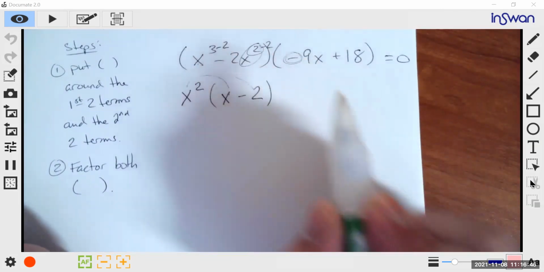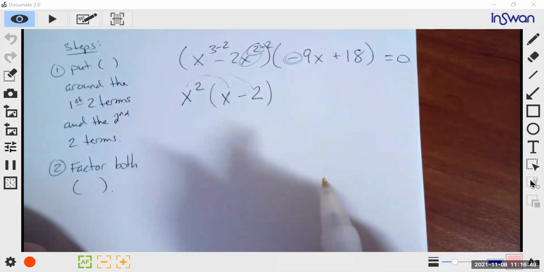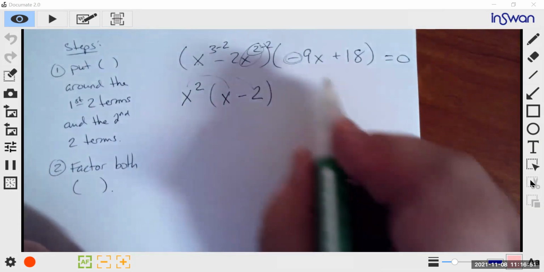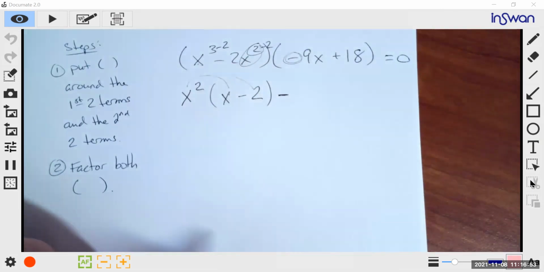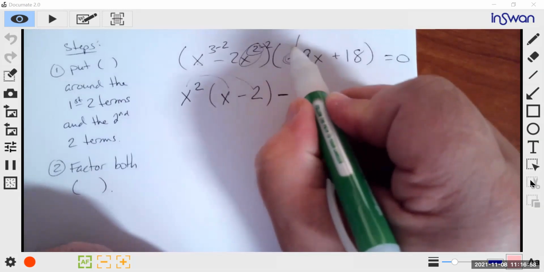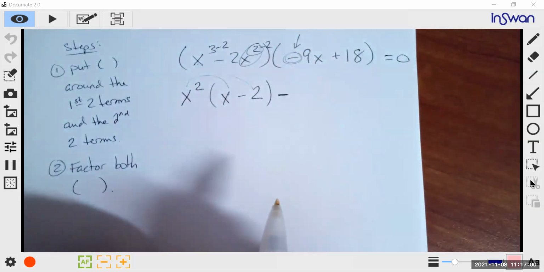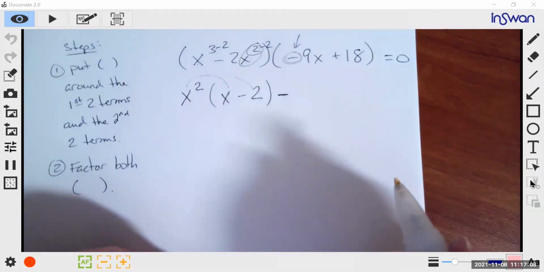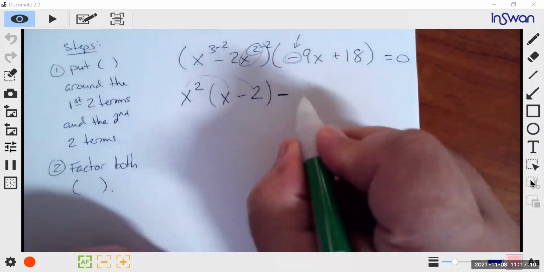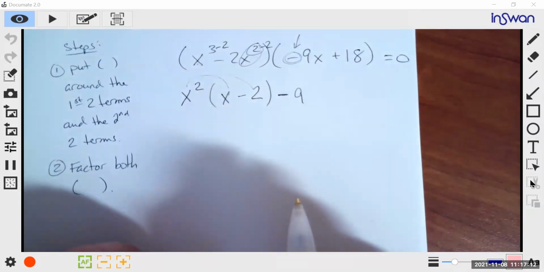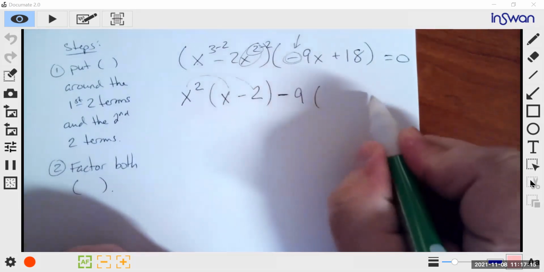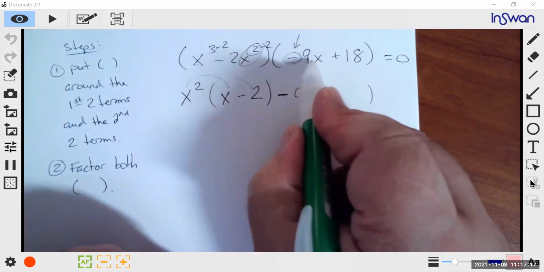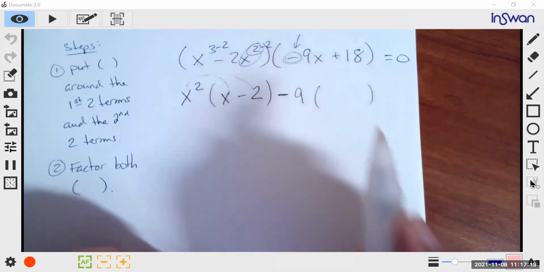If there's a negative inside the second parenthesis, if the leading term is negative, always factor out that negative. So if it starts off with a negative, factor it out. So what number do they both have in common? They both have a 9. Because 9 is 9 times 1, 18 is 9 times 2.